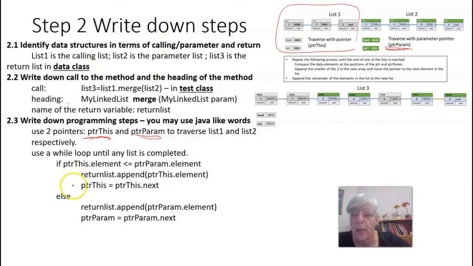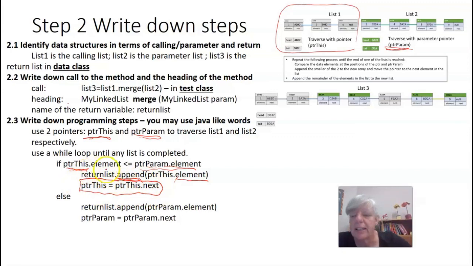Okay, what do I do in the while loop? I say, if the element at pointer this is smaller than the element at the pointer parameter, I'm going to append it to the return list. Look how I append it. I append the element and I advance the pointer.